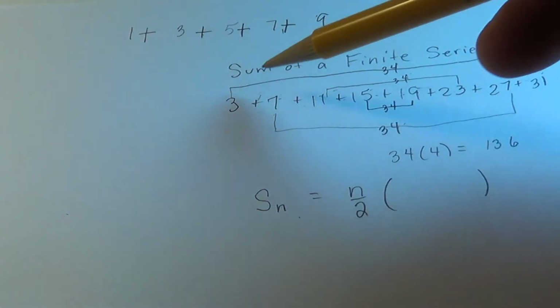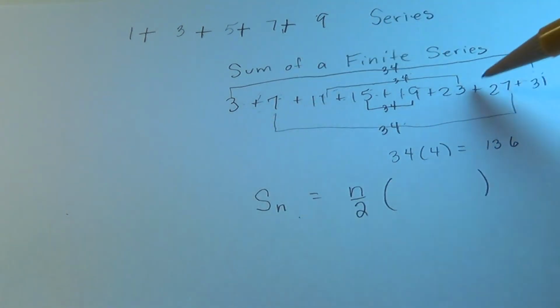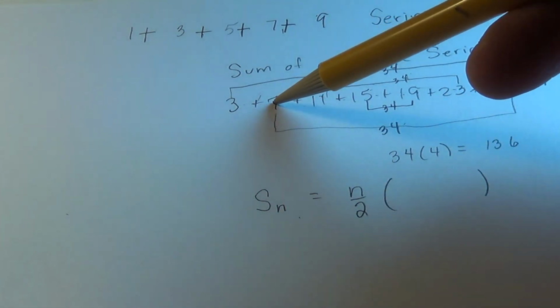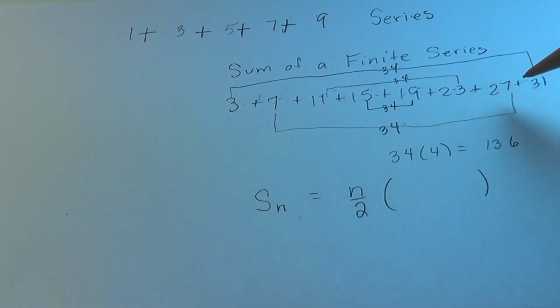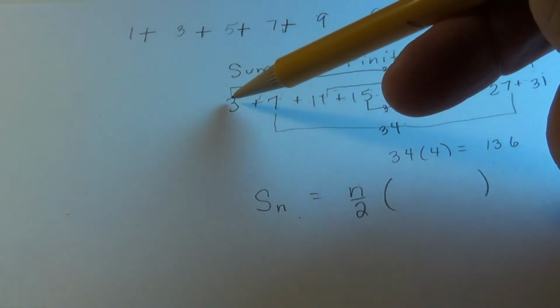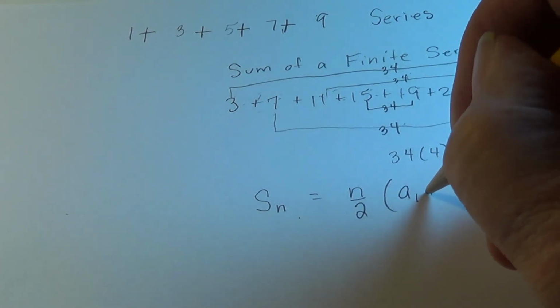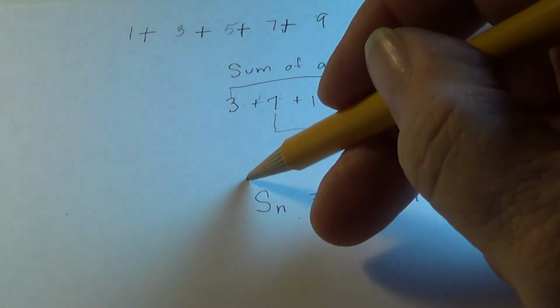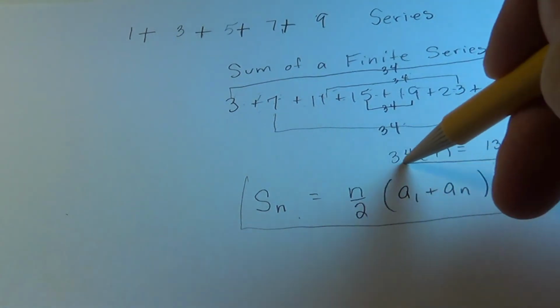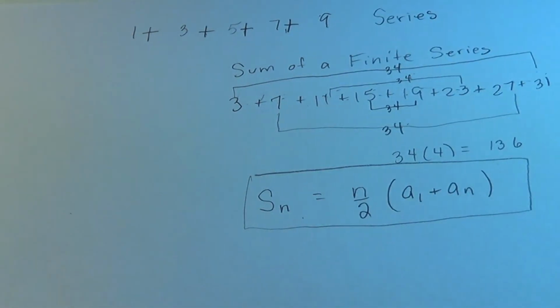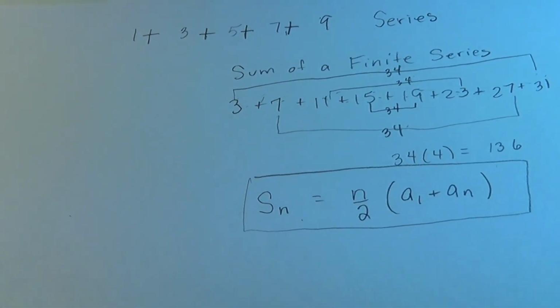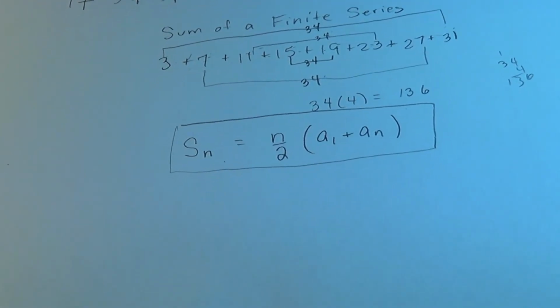We could say it's the third number and 3 from the end, or the second number and 2 from the end, but the easiest to put in the formula will be the first and the last. This is the formula for the sum of n numbers in an arithmetic series. So let's test it out.